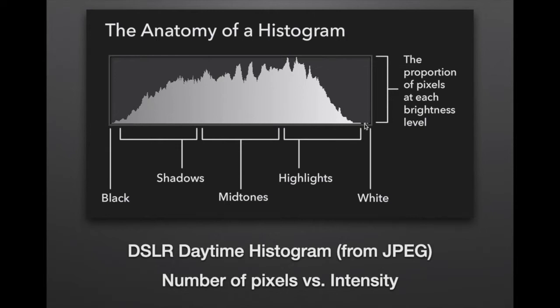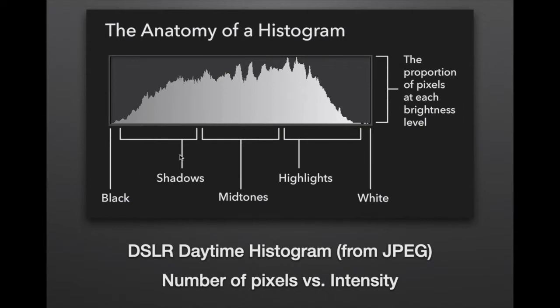And at the high end, if you have it exposed correctly, you're not going to exceed the white either, because you don't want to point your camera at the sun, and you don't want to lose any information, so you will expose it so that everything falls between the high and low level values of your camera.